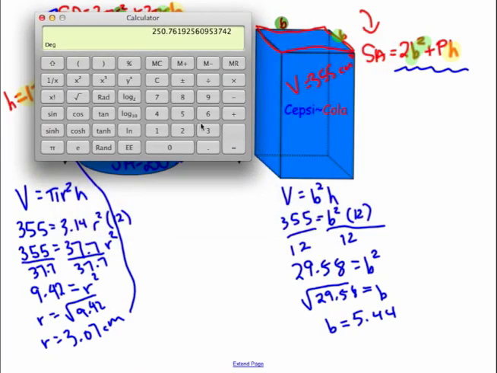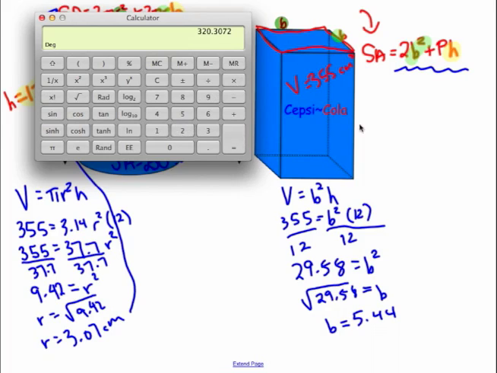Now we start: 2 times b squared, 5.44 squared, plus the perimeter, which is 4 times b, or 5.44 plus 5.44 plus 5.44 plus 5.44, times the height. The height is 12.